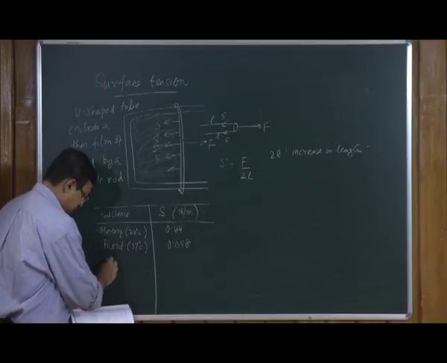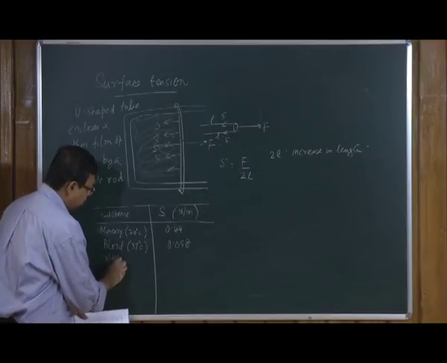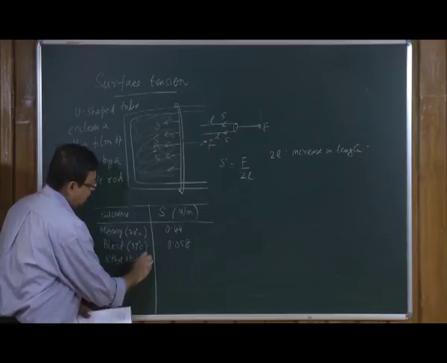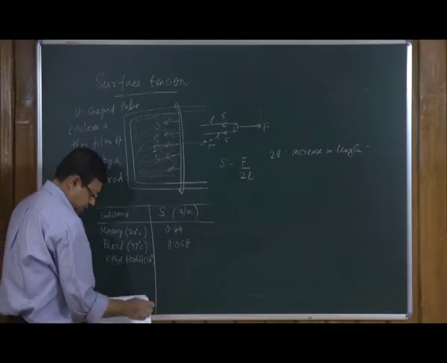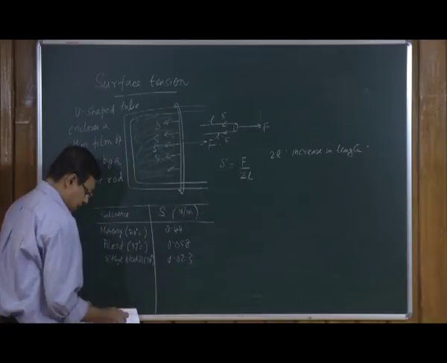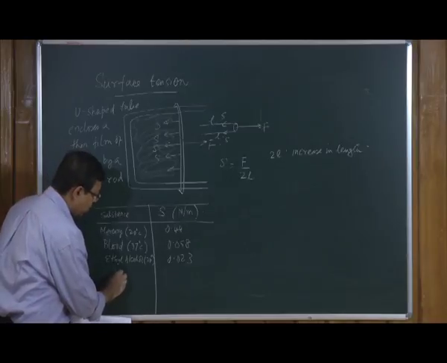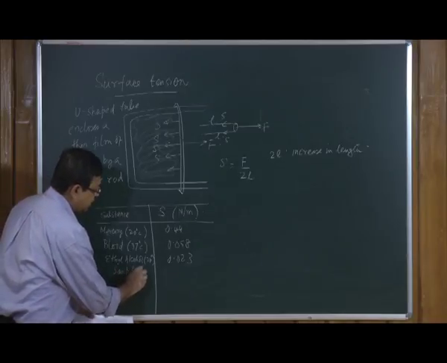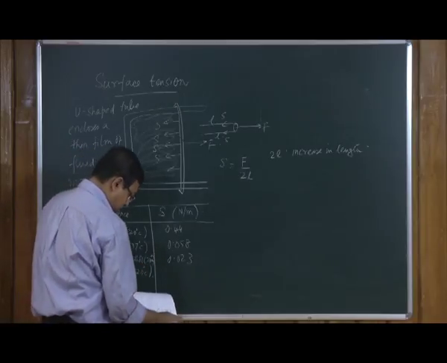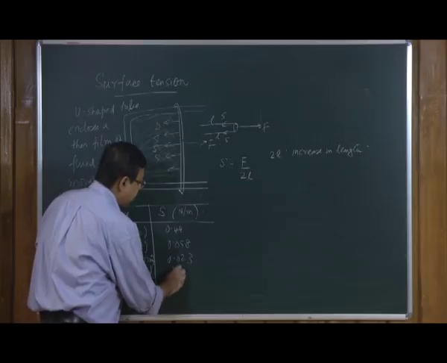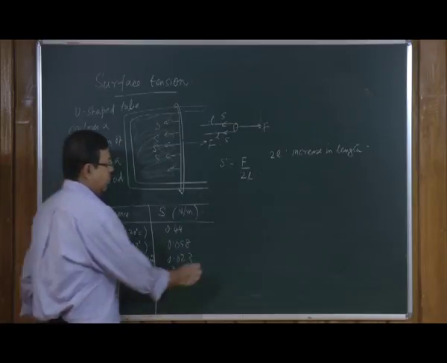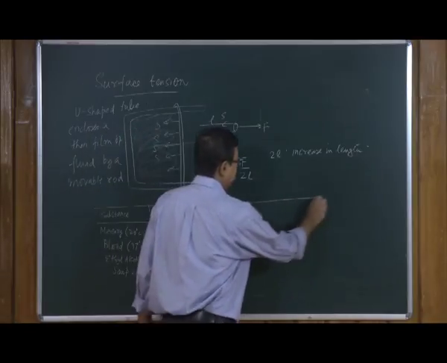And then ethyl alcohol, again at 20 degree centigrade, is equal to 0.023, and soap at 20 degree centigrade, again it is equal to 0.025. Now, water, let me write it separately here.